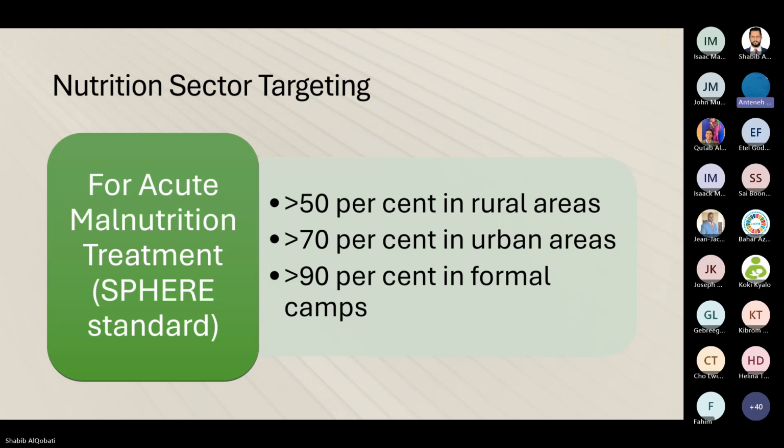Kibrom is saying there is high pressure on prioritizing targeting due to a severe shortage of funding, with some compromise. Yes, of course, we are living in a changed funding context. This is obvious to every one of us. Yes, these minimum standards may not apply, practically speaking, at this very difficult time.